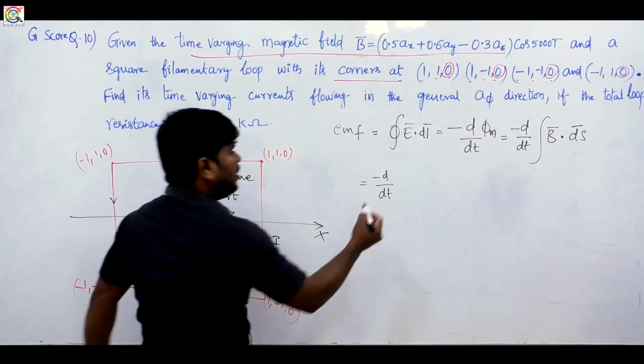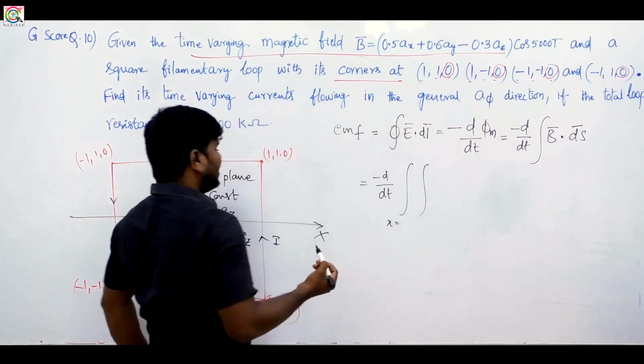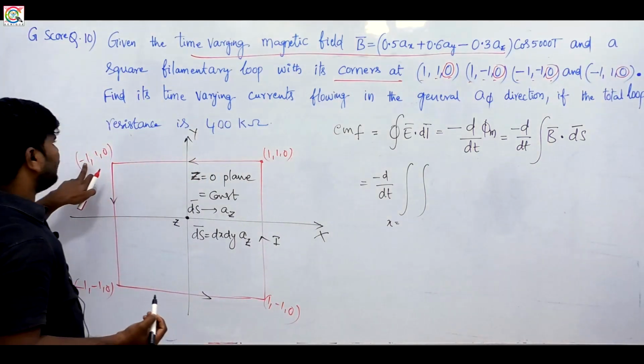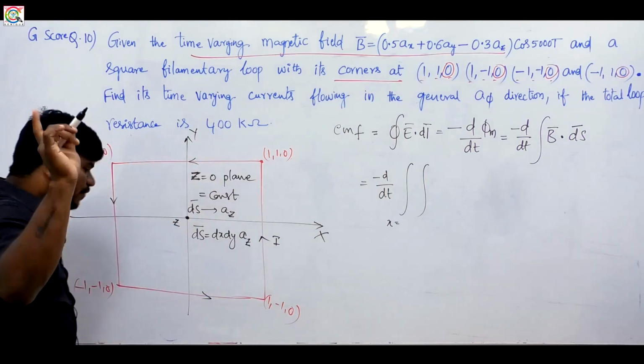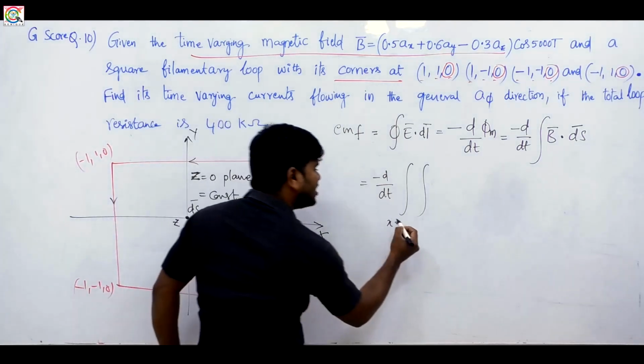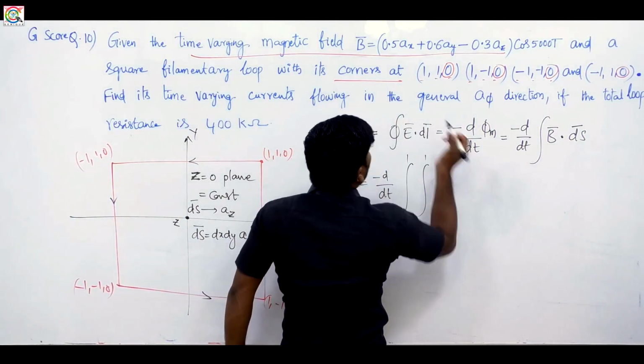So d by dt, integral, x is ranging from minus 1 to 1 and y is ranging from minus 1 to 1 again, right? What is B bar dot ds?